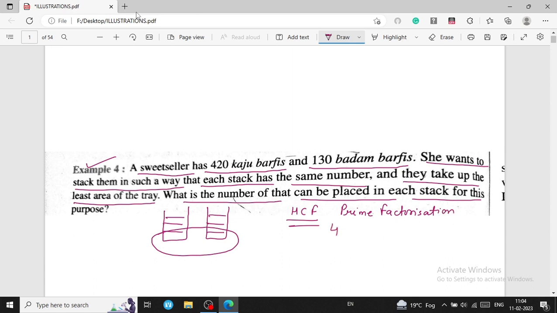First of all, we will find the factors of 420. 2 2s are 4, 2 1s are 2, 2 5s are 10, 3 3s are 9, 3 5s are 15, 5 1s are 5, 5 7s are 35, 7 1s are 7.